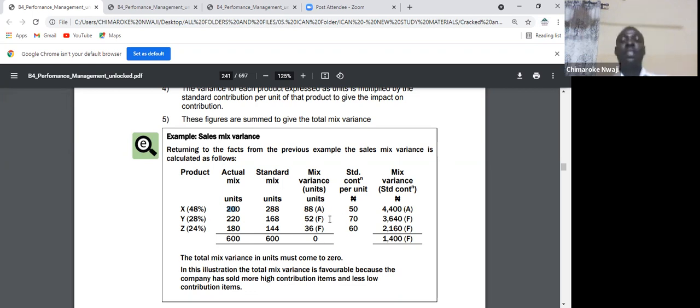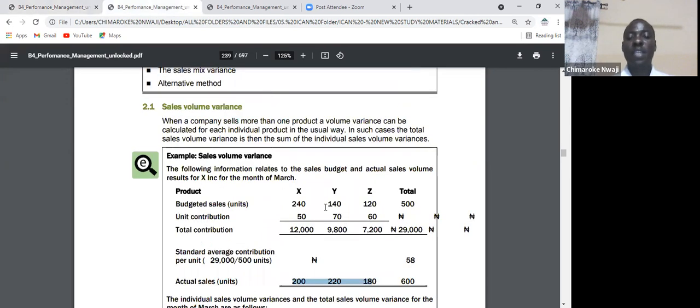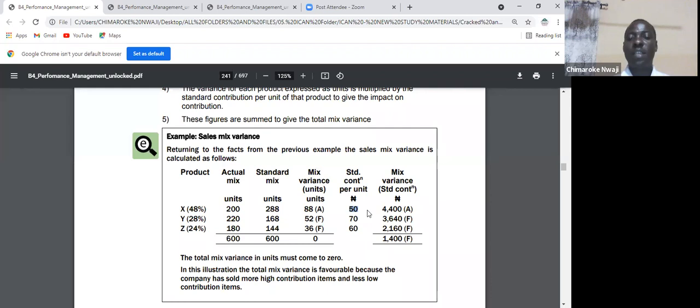Now you look at the standard contribution per unit. Now we have this 50 naira. Where did we get it? Look at it here, 50, 70, and 60. So that's what we did here. And it gives you their individual variances, which when added together gives you 1,400 favorable.